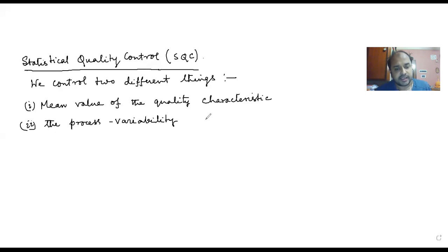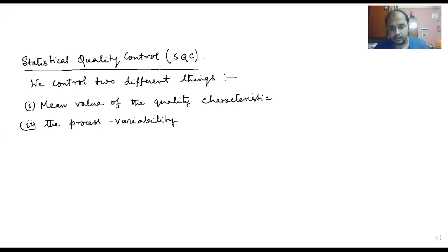Everything which I'm discussing right now is on the basis of the note which I shared with you, and the page number which I just presented. The page number is not mentioned over here.